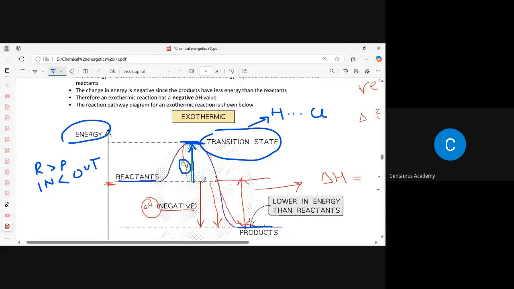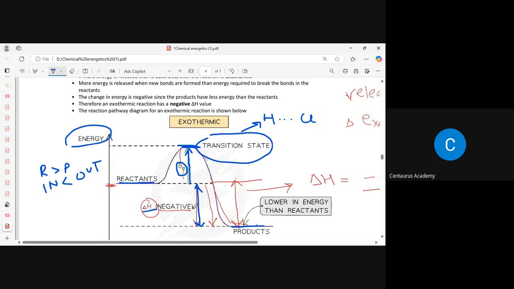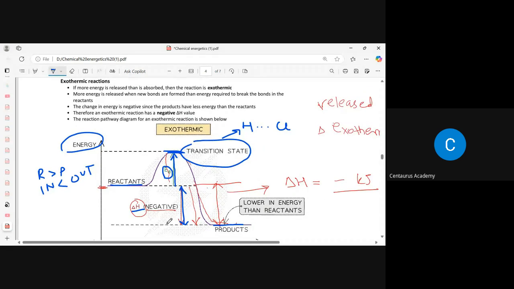This change in enthalpy is referred to as delta H, where delta means change and H refers to enthalpy. So this is the enthalpy change of this reaction. Whenever the enthalpy change of a reaction is negative, and the arrow goes downward, the delta H value has to be negative, and this energy profile diagram has to be exothermic.